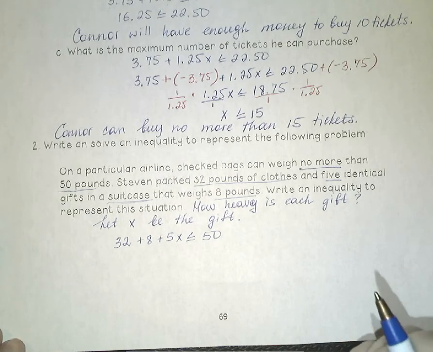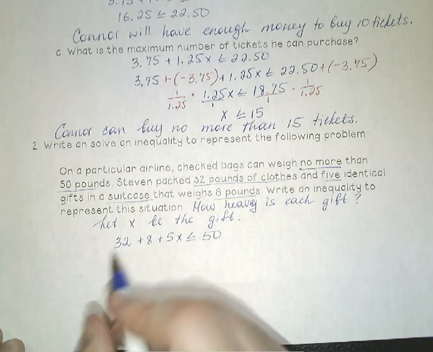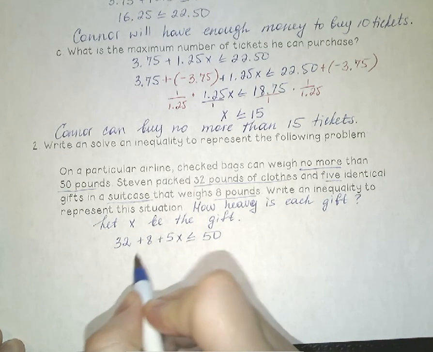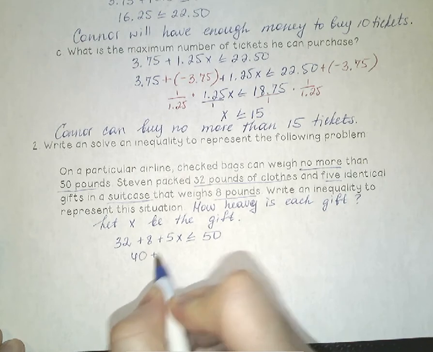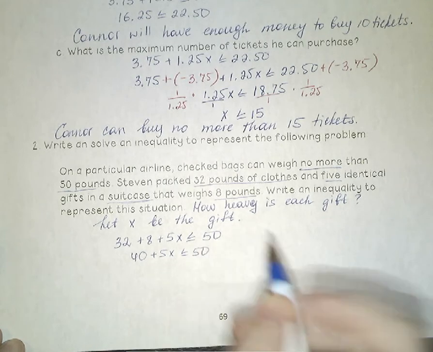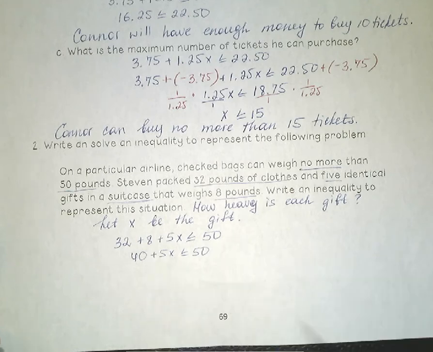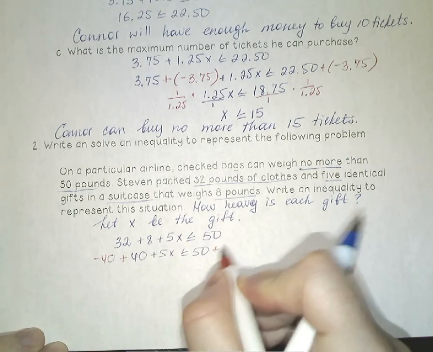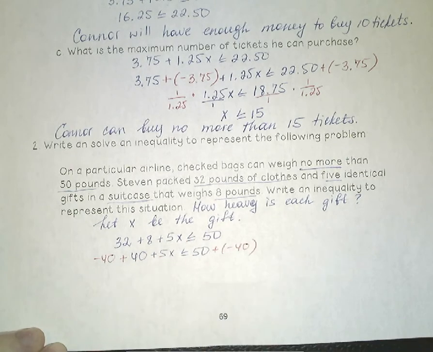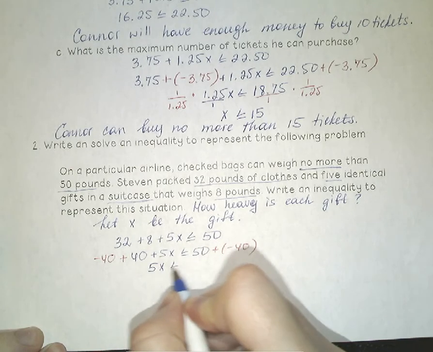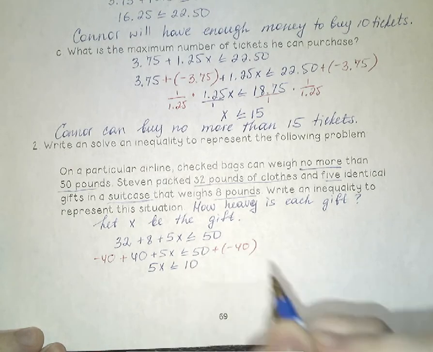Okay, so now we need to solve this inequality by combining like terms. So we'll have 40 plus 5x is less than or equal to 50. Now we would add negative 40 to both sides of the inequality to get rid of that 40. We will have 5x is less than or equal to 10, right?